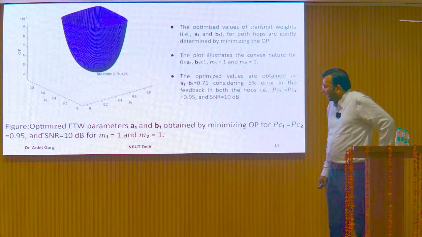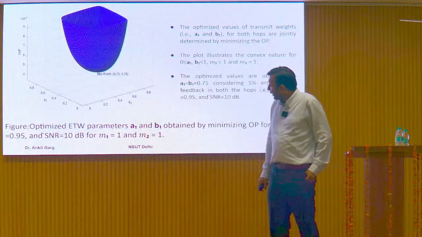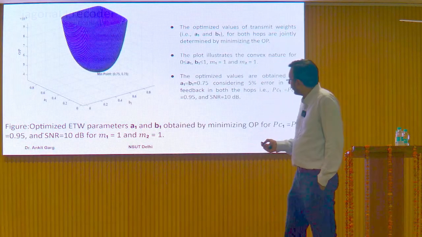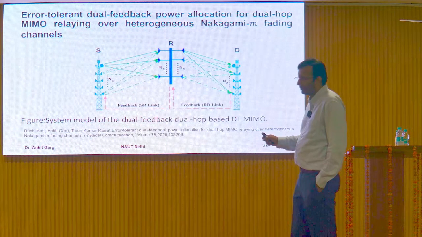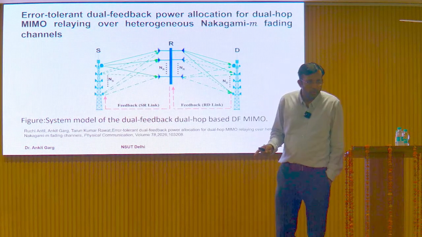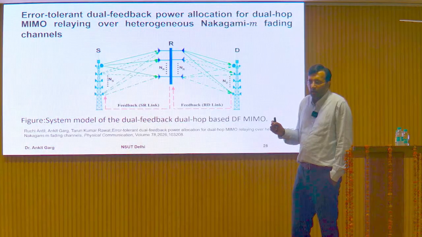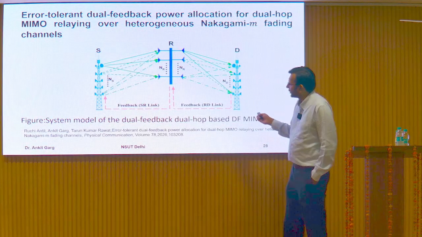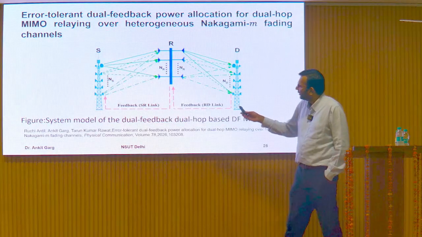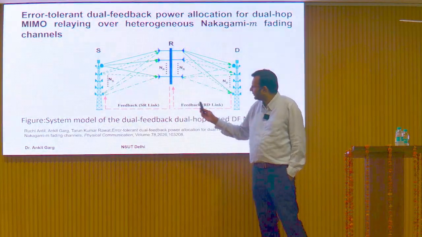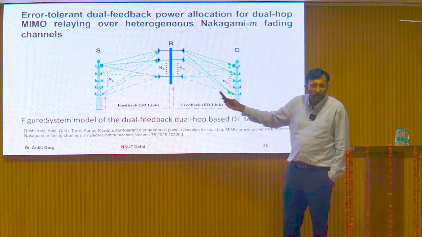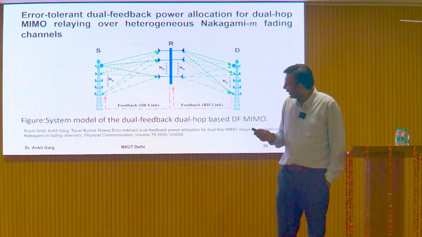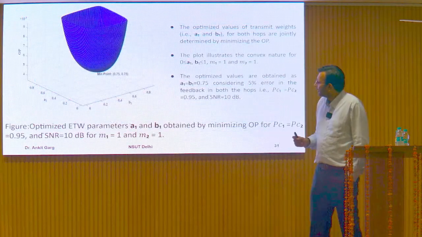What we have additionally done here is to find the optimum values of the weights for the first hop and second hop simultaneously. Our outage expression for the whole end-to-end connection is in terms of the weights of the first precoder and the weights of the second precoder, so we can easily find the optimum values jointly.